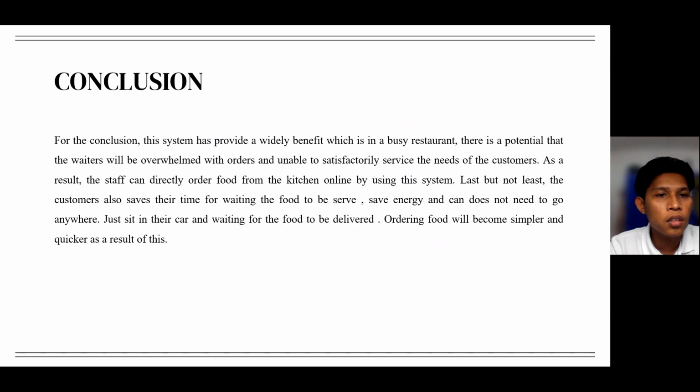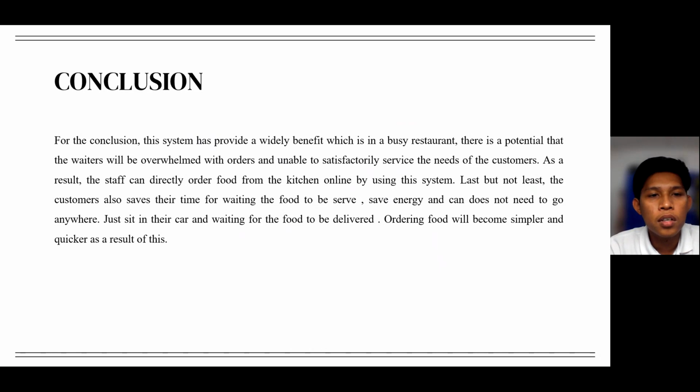Okay, for the conclusion, the system has provided a wide benefit, which is that in a busy restaurant, there is a potential that the waiters will be overwhelmed with orders and unable to satisfactorily service the needs of the customers. As a result, the staff can directly order food from the kitchen online, only using the system.